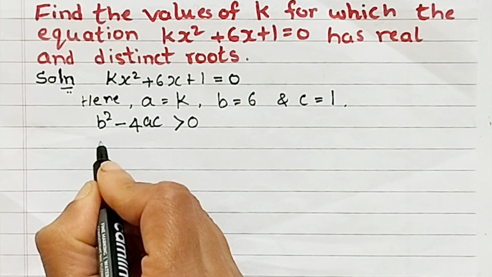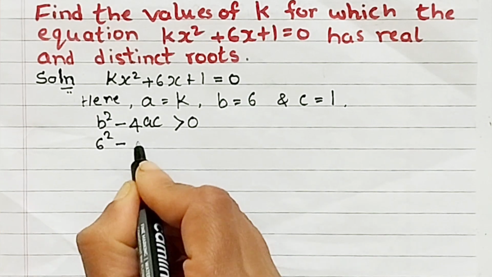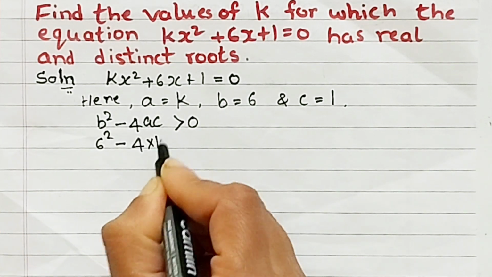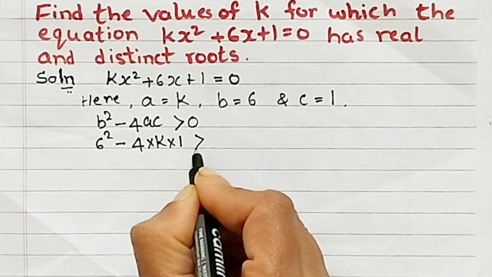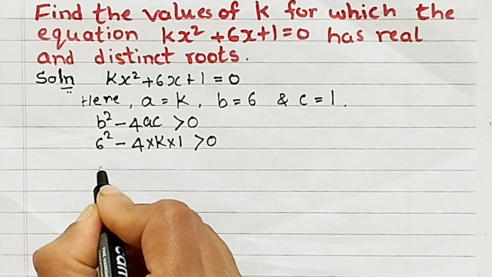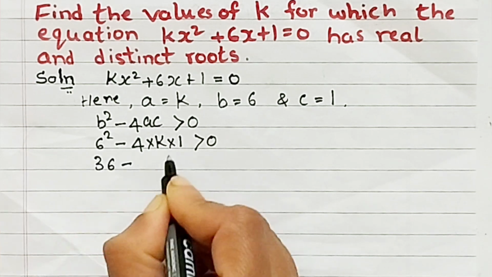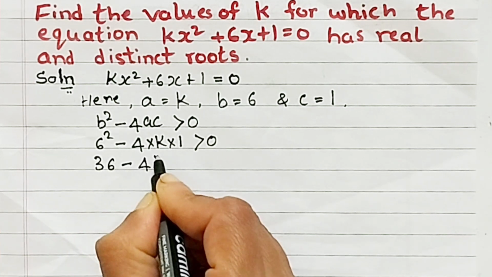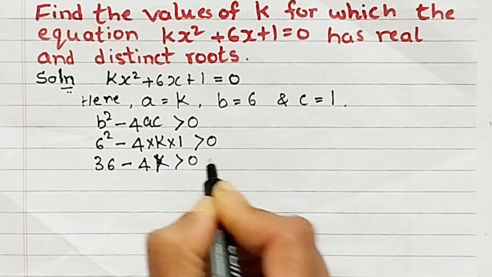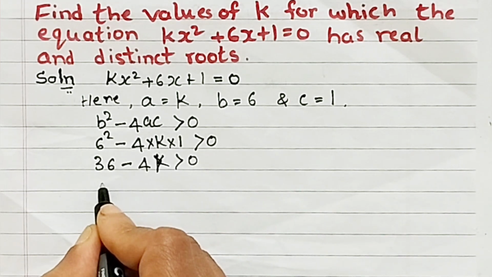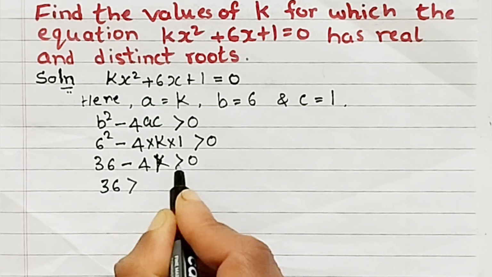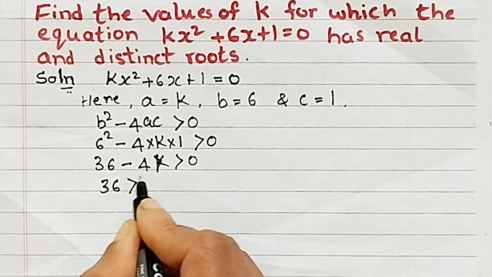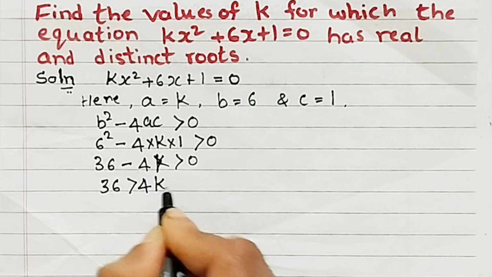b square is 6 square, minus 4 into a is k, c is 1, greater than 0. 6 square is 36, minus 4k greater than 0, or 36 greater than 4k, shifting 4k to the RHS.